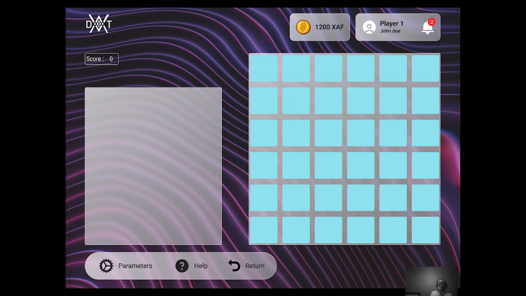But the second aspect, which is very central to what we want to do, is to learn new languages in a fun way, because we will be implementing multiple local languages that are disappearing. So the idea here is to match symbols with their names in the corresponding local languages, and players will be able to pick the language of their choice.